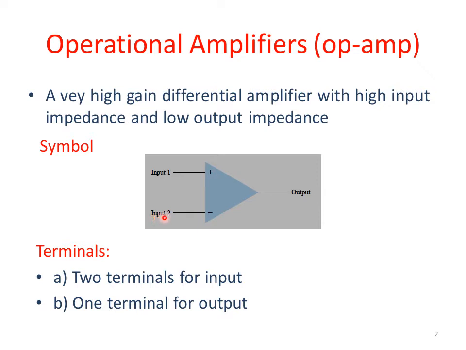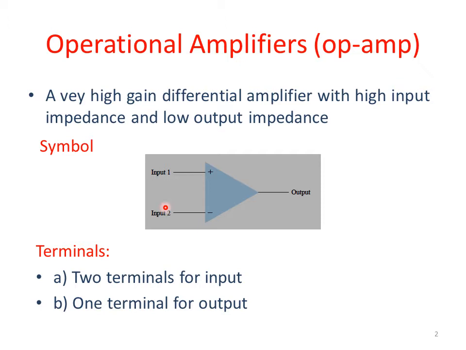Other is input terminal number 2, which is the negative input terminal. We have one output terminal usually for an operational amplifier. Differential amplifier actually means that this amplifier will be amplifying the difference between these two input terminals.